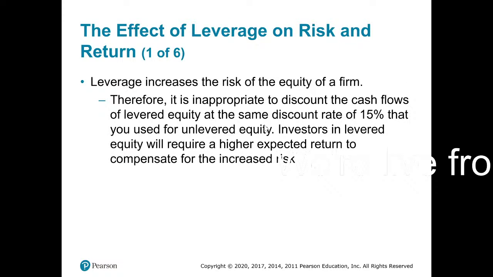And then we look at the effect of the leverage. As I mentioned, what's the shareholder return in both cases? And the discount rate changes as well, because it's riskier once you use debt.